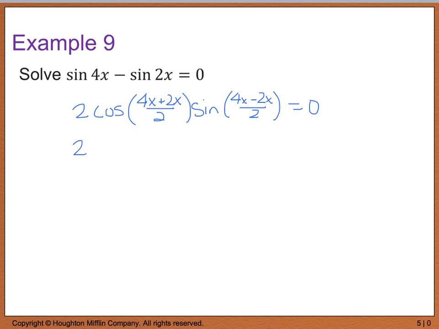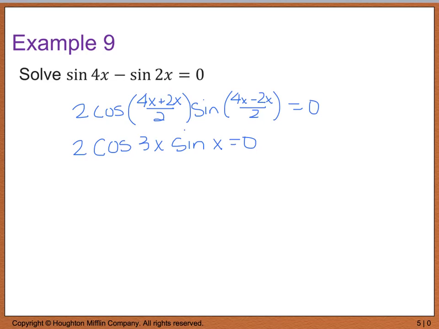So now we have 2 times the cosine of 6x divided by 2, which is 3x, times the sine of 4 minus 2 is 2 divided by 2 is just x, and this equals 0.